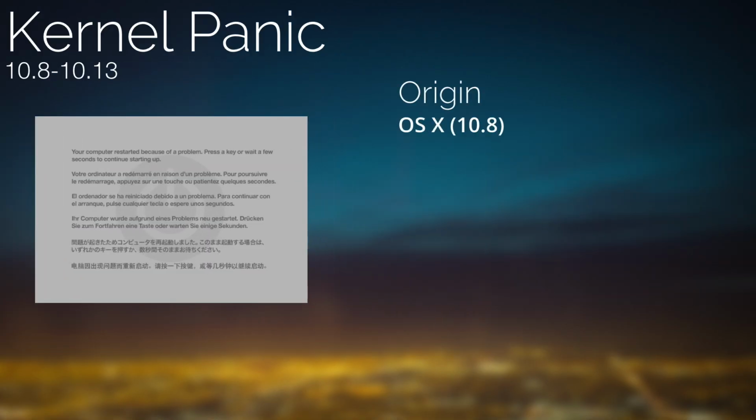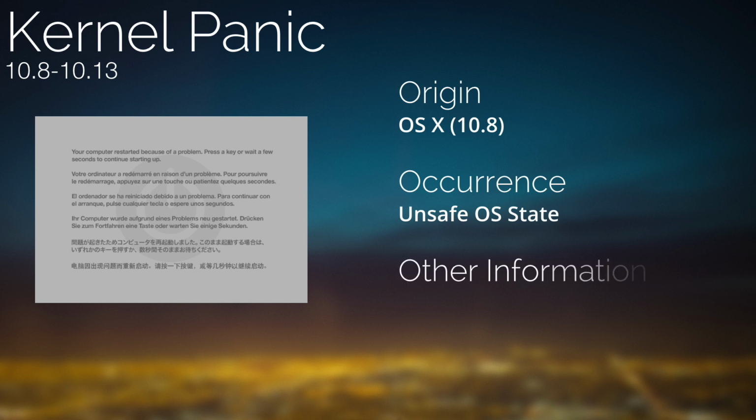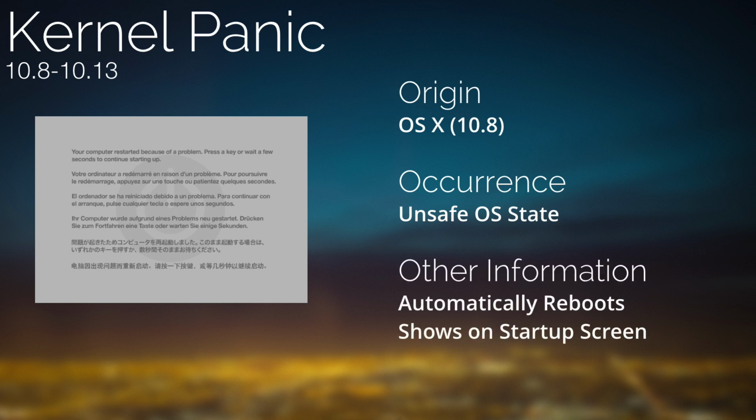And in 10.8, actually also to 10.13, which at the day of this Tidbytes video is the most current, latest, and maybe greatest operating system in the macOS, we have this kernel panic. It has a slightly different message on it, because instead of asking someone to restart, the computer actually restarts automatically, and this displays on the startup screen.